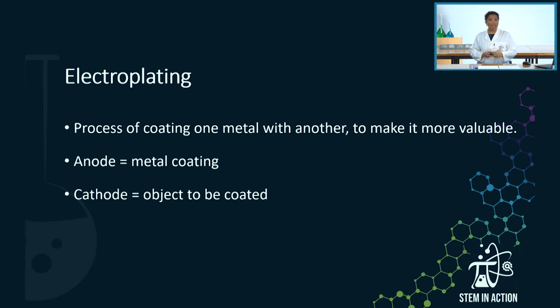The cathode is always the object that will be coated. And a little rule of thumb that I've just come up with is that the result is always at the cathode. So in this case, if your result is wanting to coat a metal, that object will be your cathode. So let's have a look at this in a quick little animation.